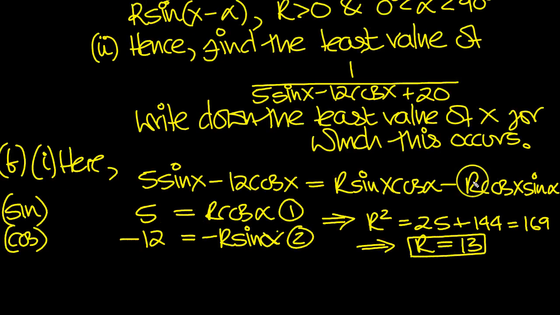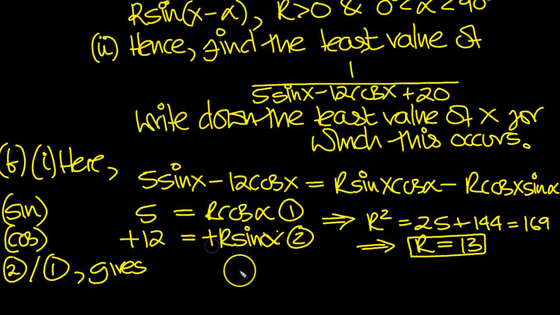Now we divide 2 by 1. First I'm going to multiply both sides of this equation by minus 1 to write it like so. So 2 divided by 1, sin over cos, the R's cancel, gives tan alpha equals 12 over 5.